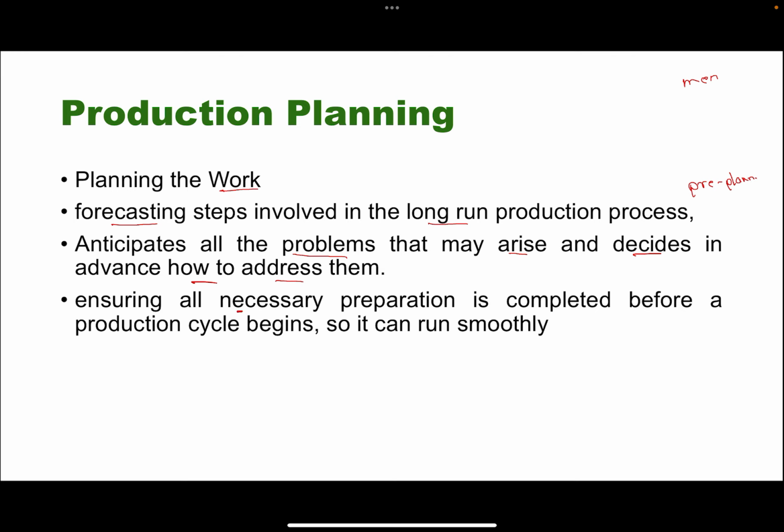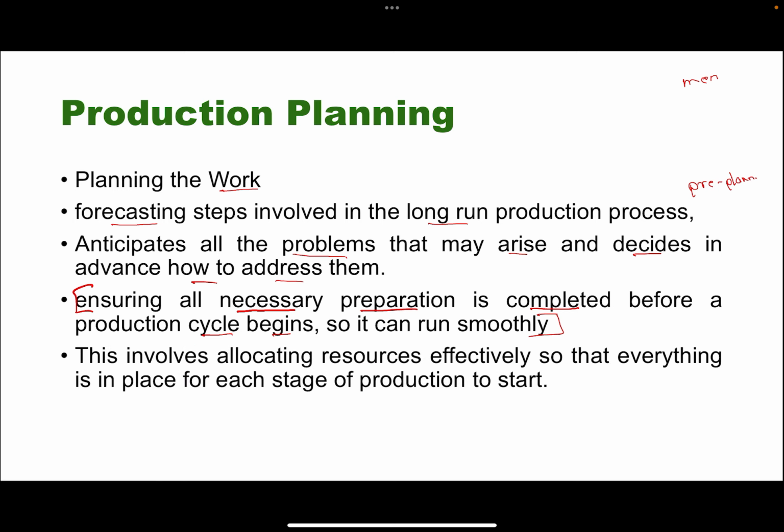And we need to ensure all the necessary preparation is completed before a production cycle begins so that it can run smoothly. So this involves allocating resources effectively so that everything is in place for each stage of the production to start.